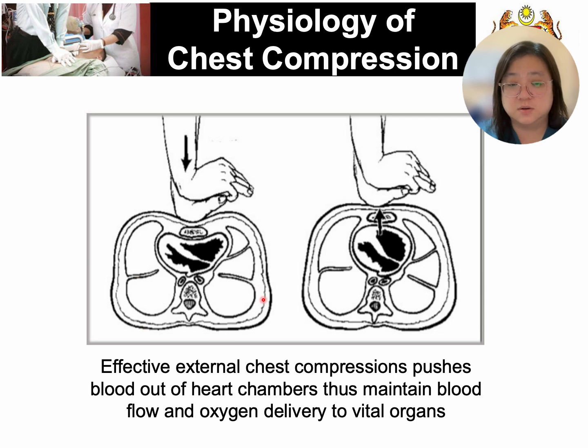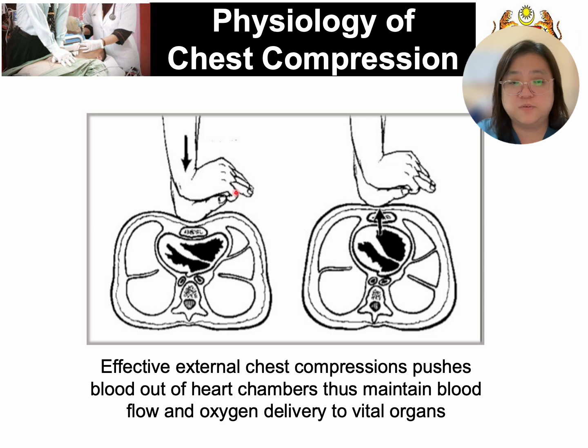Okay, so the thoracic pump theory is, similarly, when you push down on the chest, you get a positive intrathoracic pressure, so blood goes out from the heart. When you release, you create a small negative intrathoracic pressure, and that's where blood gets sucked back into the heart.